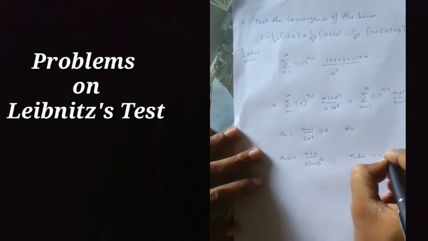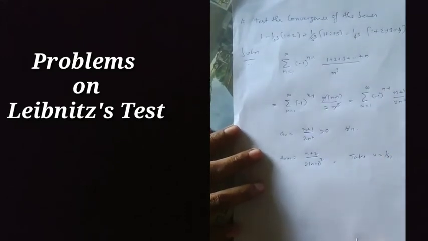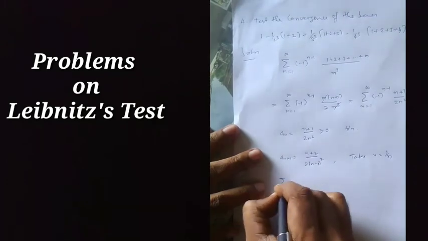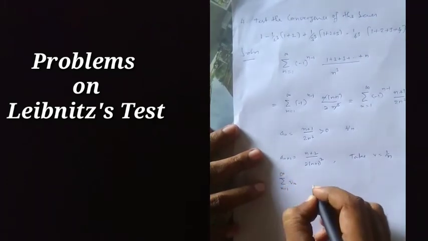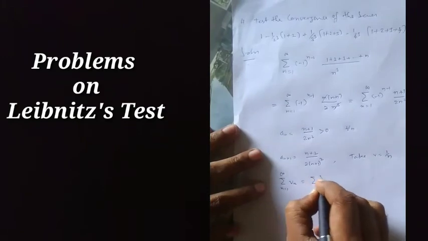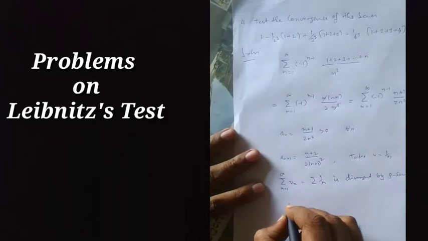And here if we take vn equal to 1 by n, then the summation of vn as n goes from 1 to infinity, the series 1 by n, is divergent by p series, that we know. And here what is our an minus an plus 1?